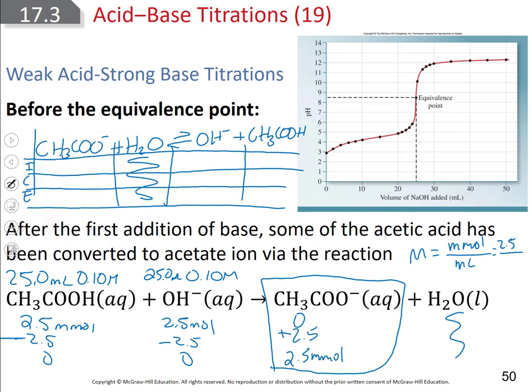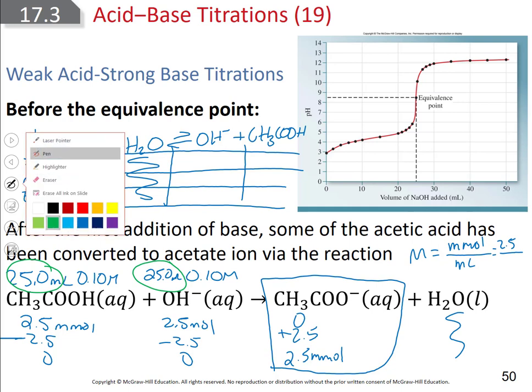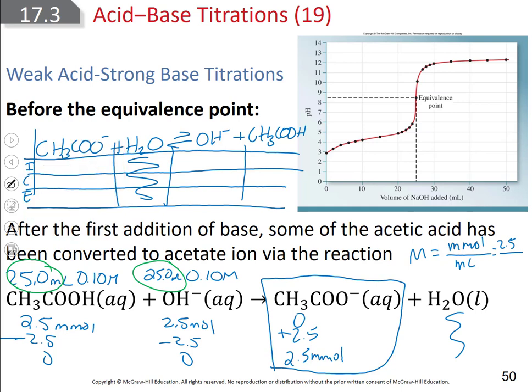So how many milliliters do we have? At this point in the titration, we started with 25 milliliters. We've added 25 milliliters, assuming volumes are additive. We have how many milliliters? 50 milliliters. Good. So we have 0.05 molar acetate ion.